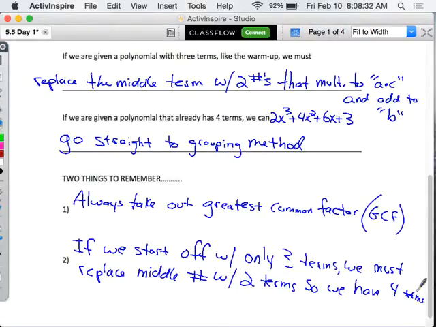So, if you start off with only three terms, you have to find two numbers that multiply to a times c and add up to b, and replace the middle number with those two numbers, because we always want four terms before we factor. Also, a little star, you can put that remember your parentheses must match.